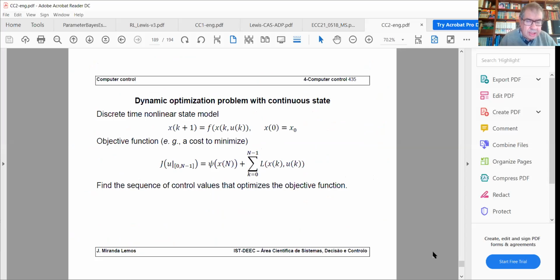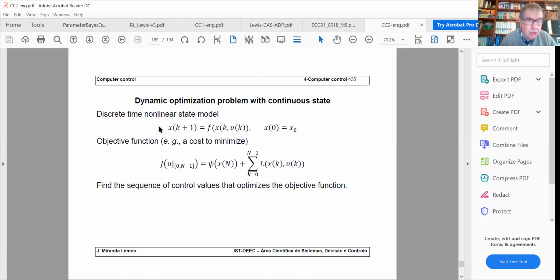Okay, so this is a situation in which we have a finite number of states. Now we can consider a situation in which we have an infinite dimensional state.